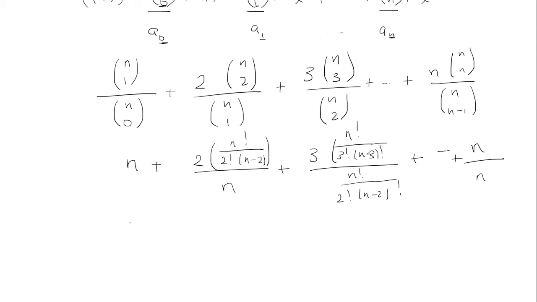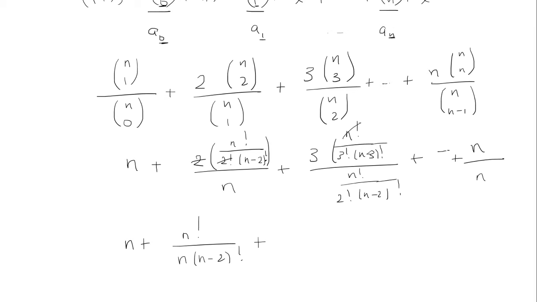Okay, so let's see what happens. We have n here. The 2's are going to cancel. I'm left with n factorial over, I have n in the denominator with n minus 2 factorial. Okay, this is tricky.